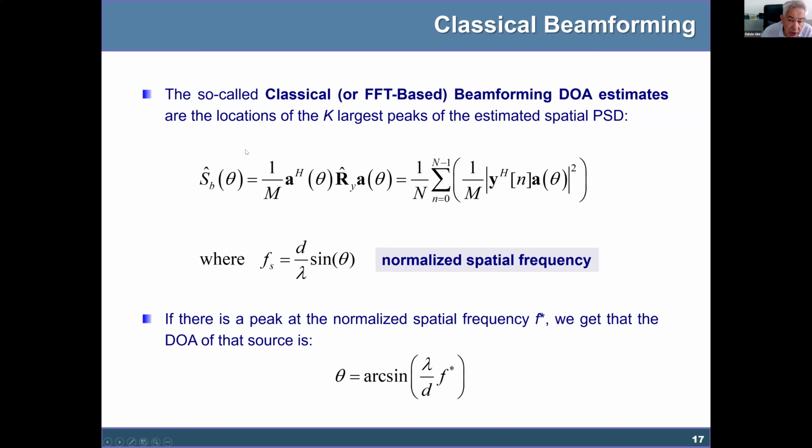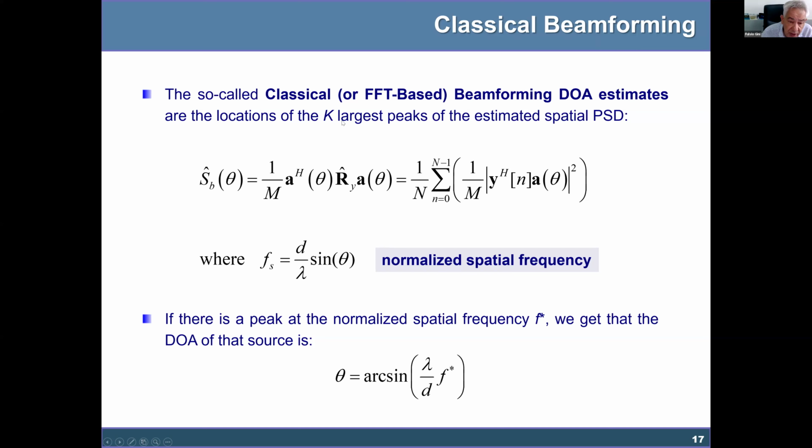And so how do we estimate the direction of arrival of the sources or of the target? We get this estimate of the spatial power spectral density, and then we search for the location of the K largest peaks.